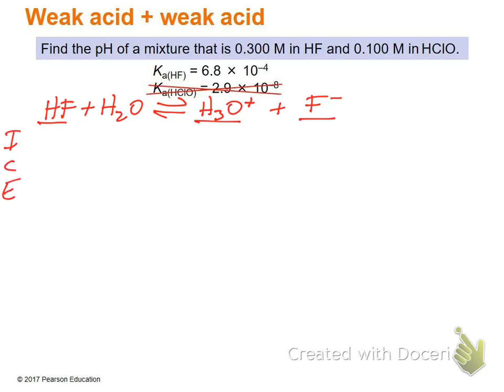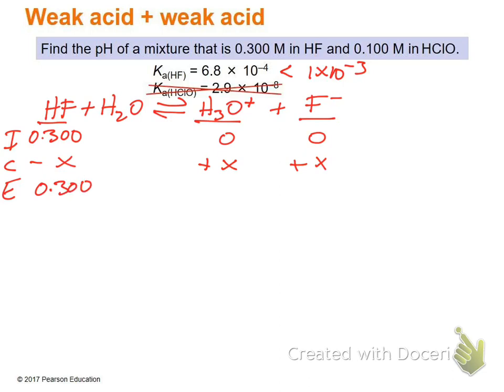So the initial concentration of hydrofluoric acid is 0.300, 0 for the products, plus x for the products. And because we're given the Ka value here, again, this is less than 1 times 10 to the negative 3, then we omit x for HF. So we're just reporting this as 0.300.